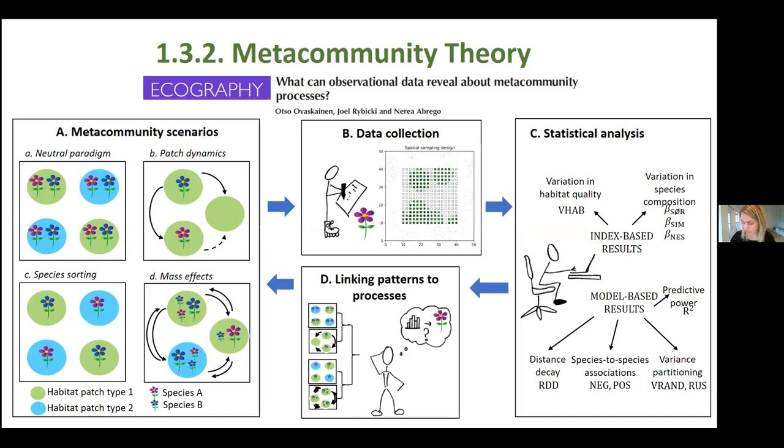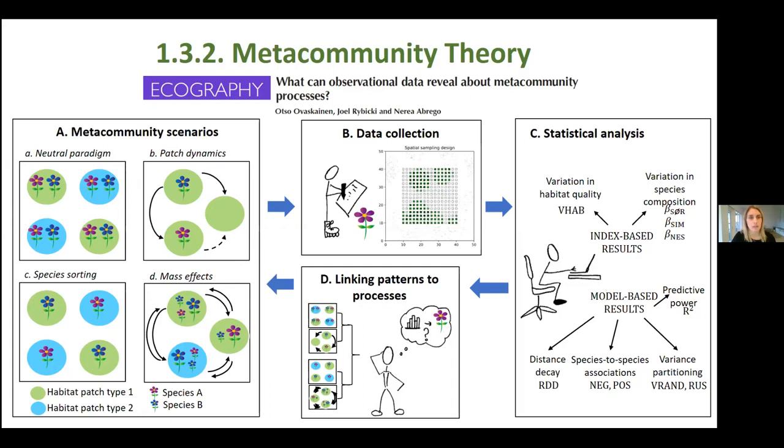So with Otso and Joel, quite recently we did this study in which with an agent-based model we simulated different meta-community scenarios. We simulated data that belonged to these different meta-community scenarios in meta-community theory.